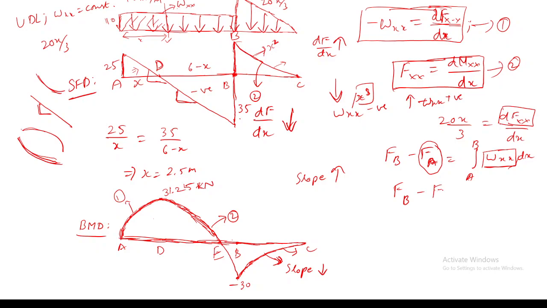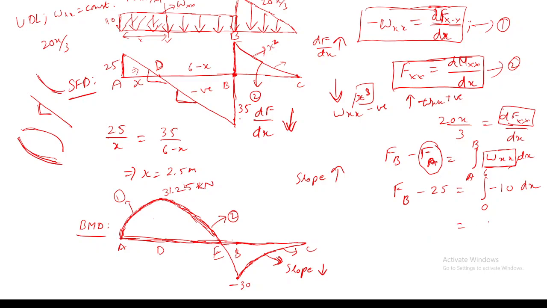So Fb minus Fa. What is the value of Fa, the shear force at point A? It is 25, right? Yes, sir. And what is the value of Wxx? It is minus 10, integrating it from 0 to 6 into dx.